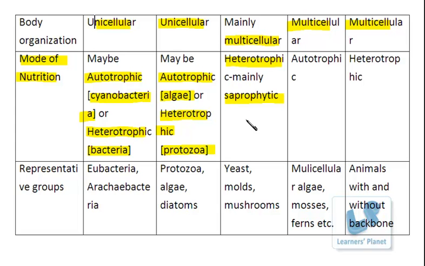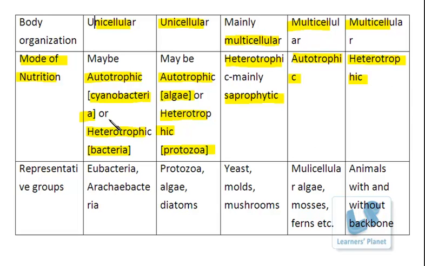In the case of plants, the organisms are exclusively autotrophic. They can synthesize their own food. Animals are always dependent on other organisms for their nourishment, so all animals are heterotrophic in their mode of nutrition.